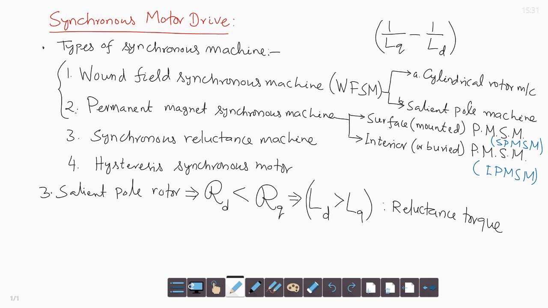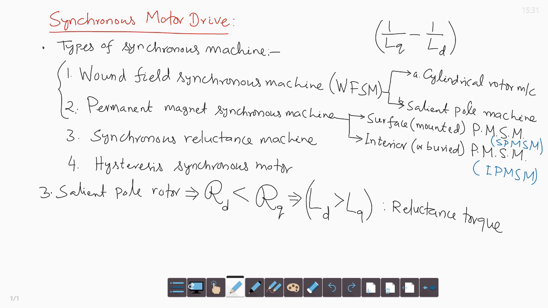Because there is a difference of speed: stator supply is given, the stator carries 3-phase current at the supply frequency and produces a rotating magnetic field which rotates at the synchronous speed. But when the rotor speed is less than the synchronous speed, these permanent magnets, or rotor MMF, are rotating at a speed less than the synchronous speed. Then there will be induced EMF in the stator winding, which has a frequency different from the supply frequency.